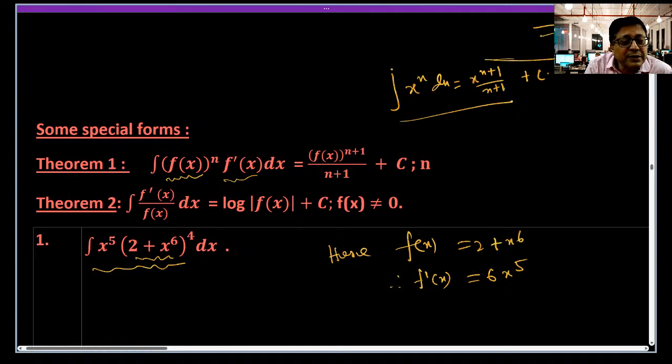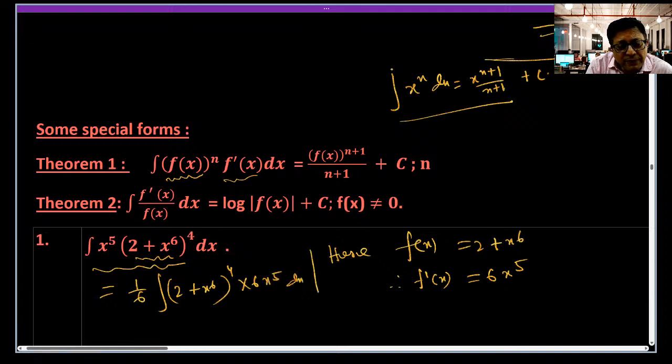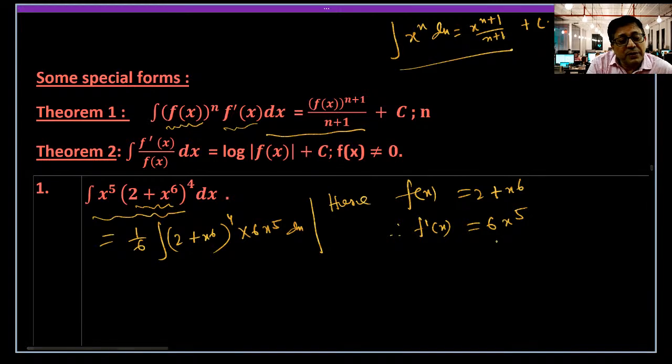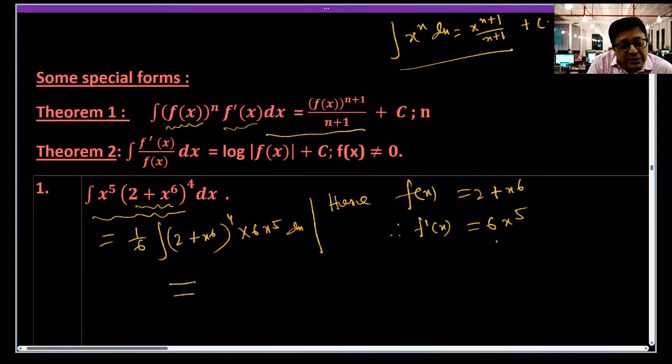So you can see that the derivative of this part is given there. If we multiply by 1 by 6 and then write (2 plus x to the power 6) to the power 4 into 6x to the power 5 dx, then this form, what is f(x) here? 2 plus x to the power 6. You can put it there directly, 1 by 6 outside.